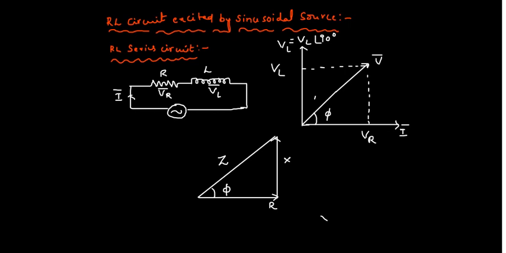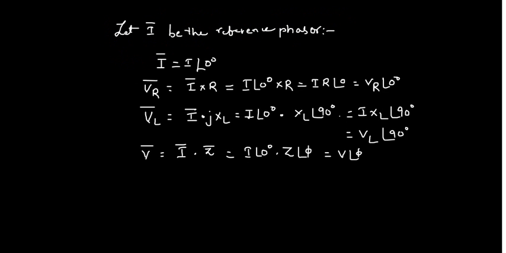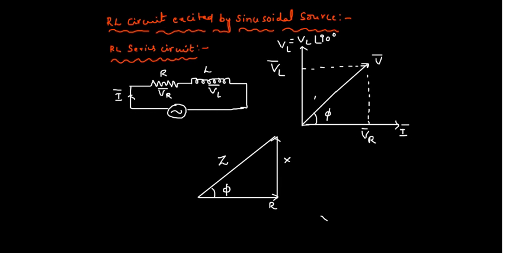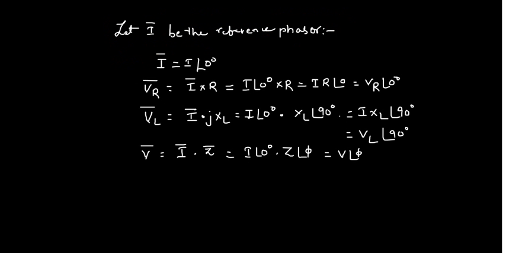So V equals VL plus VR, where this is VR bar and this one is VL bar. We need to calculate VL bar and VR bar, and for that I have taken I as the reference. So I into R, I into jXL and I into Z. Now from this vector diagram, as I told you, the resultant V is the addition of two vectors, VR plus VL.